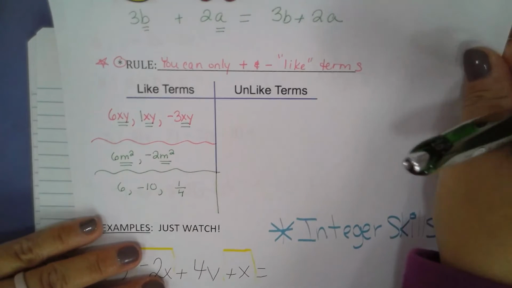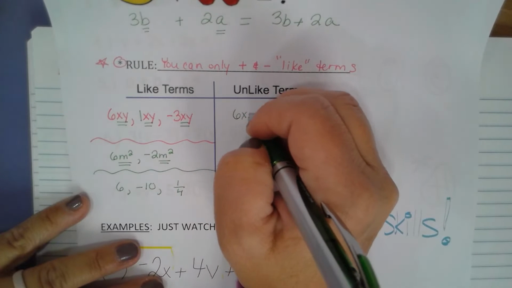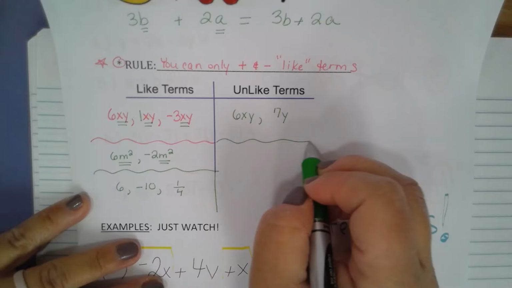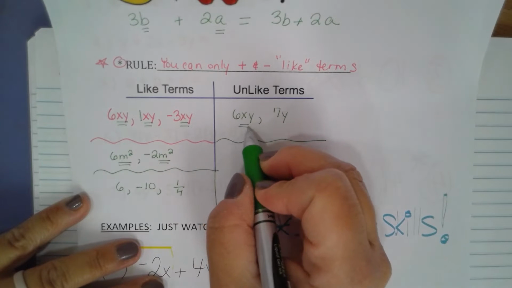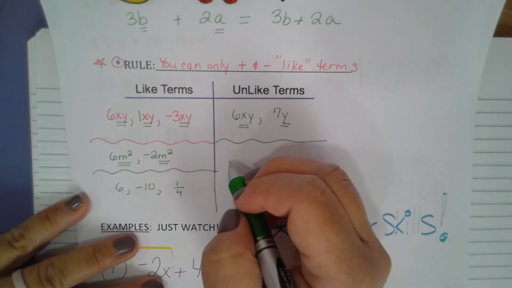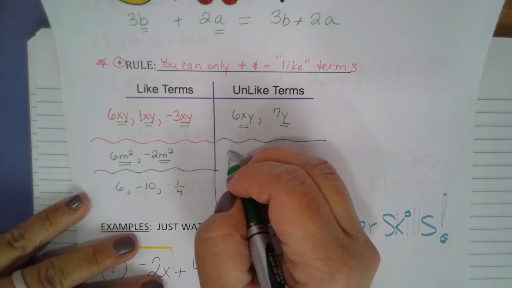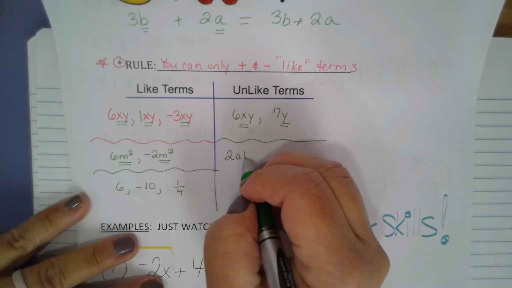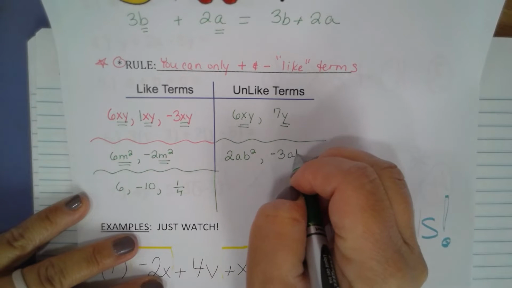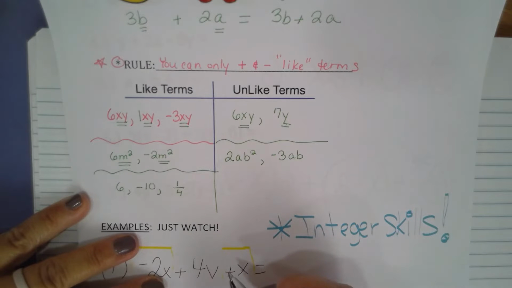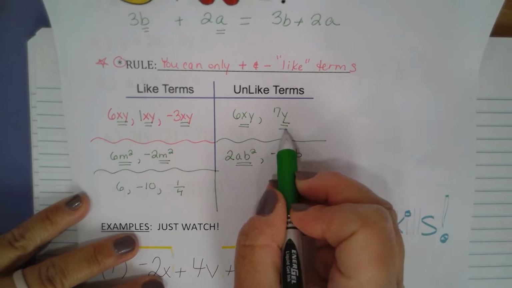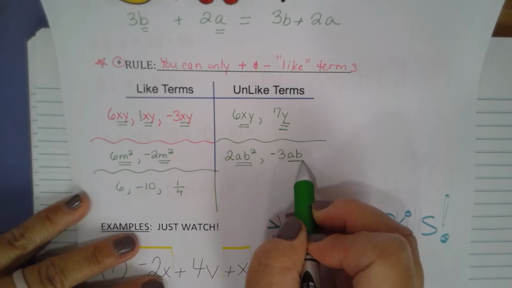So unlike terms would look like this: 6xy and 7y. Those would not be like terms because this one has an xy and this one just has a y. Another one could be 2ab squared and negative 3ab. These are unlike terms because this one has a b squared and this one has just a b.